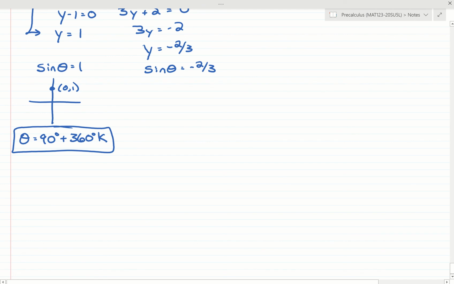But for this one, it's a little bit trickier because we don't have a special triangle that gives us just regular 2 and 3. So let's talk about how to use the inverse sine function on our calculator. If we want to get rid of sine, what we could do is take the inverse of both sides.